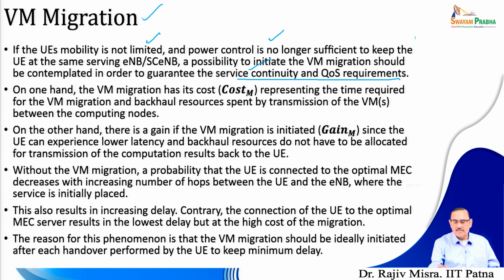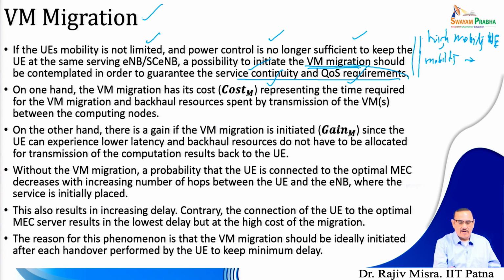And so, this is the condition, either it is a high mobility case of user equipment, or the mobility is such that power control is no longer sufficient to keep the UE at the same SNB, then it has to initiate the virtual machine migration to guarantee the service continuity and QoS requirement.